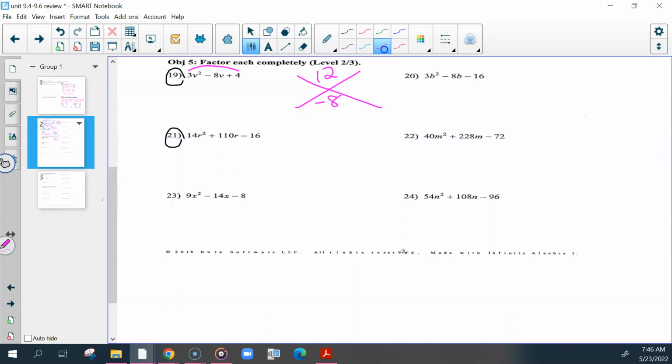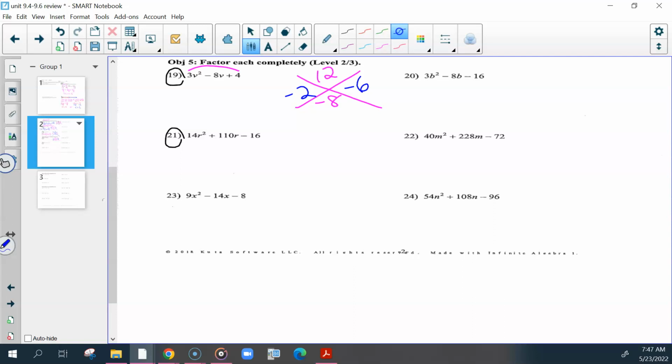What are some other factors of 12? Negative 2 and negative 6. If they were both negative, then yes, they would add to be negative 8 and multiply to be positive 12.